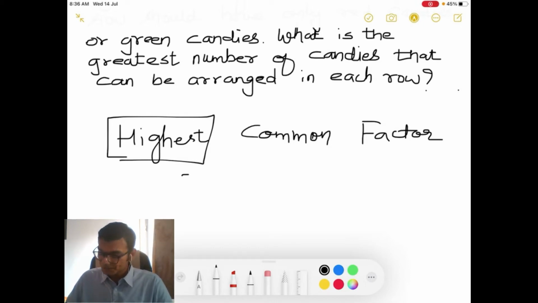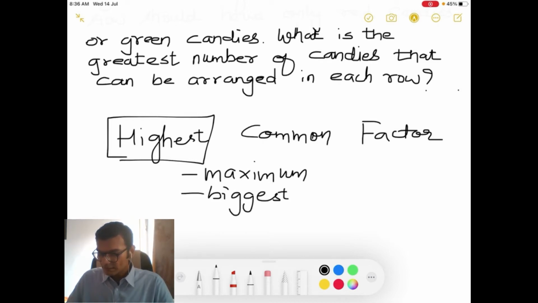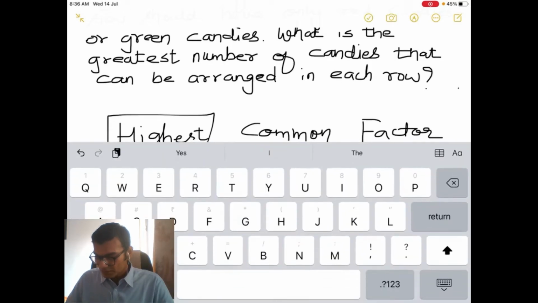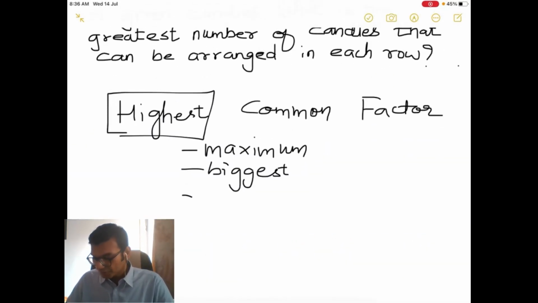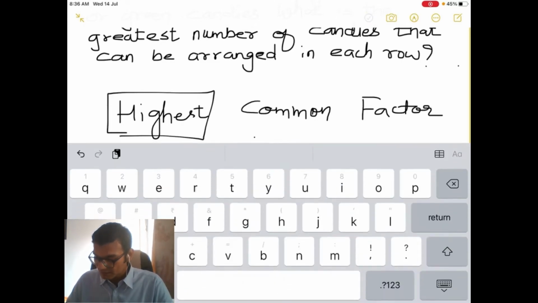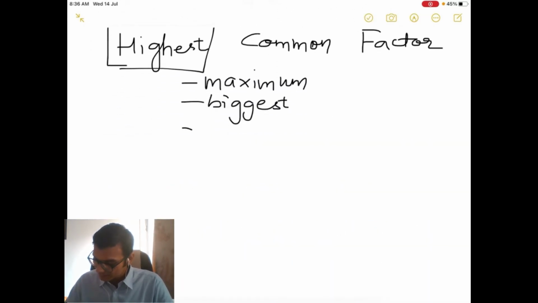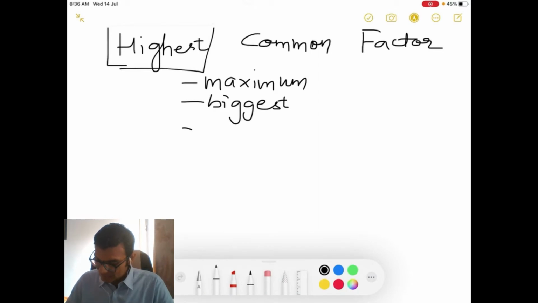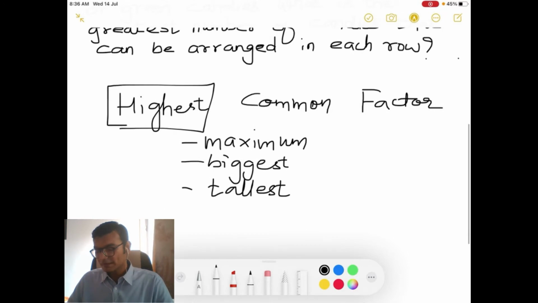For example, it can be maximum, it can be biggest, it can be tallest, anything. So you have to look for these words in the given question. These are the words that give you the hint that in this question we have to find the highest common factor, HCF.